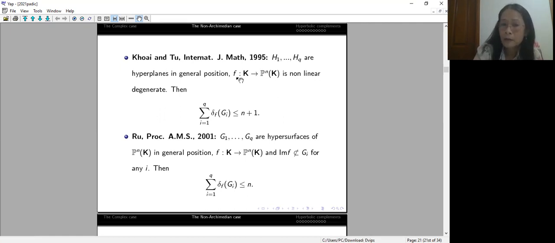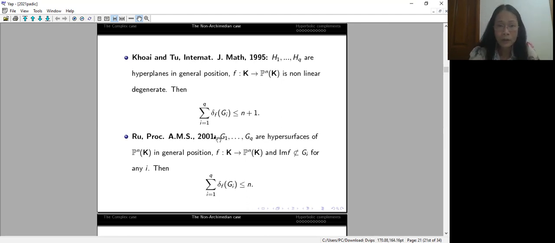At first we consider f an analytic curve into a projective space, and the first result related to this is given by Hoai. Hoai is my PhD advisor, and Alan knows him very well. The bound he gets here is also n plus 1, where n is the dimension of the projective space.